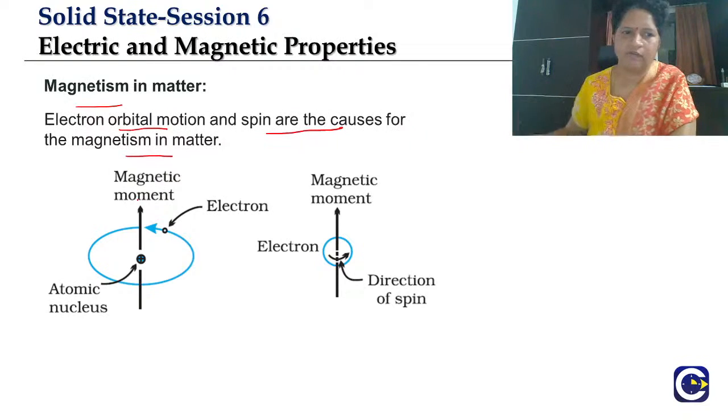Here we are talking about an electron. When it is moving around the nucleus, it will create a magnetic moment. So when an electron is spinning, either clockwise or anti-clockwise, the magnetic moment that is created will be almost perpendicular to it.